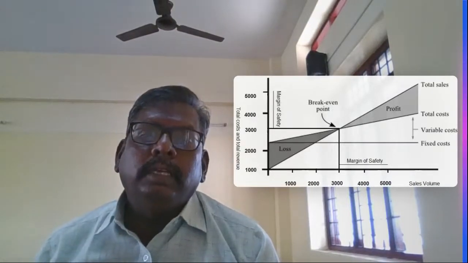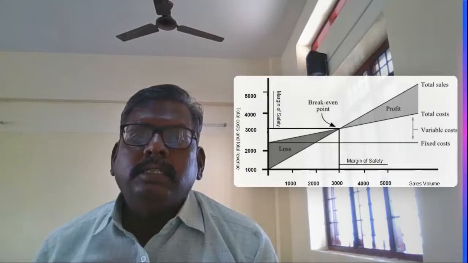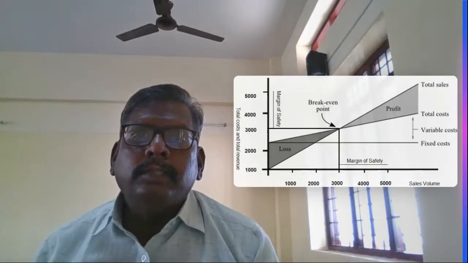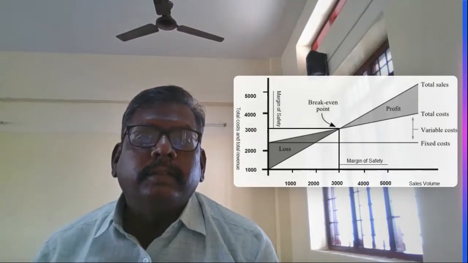Next, let me explain about the variable cost. What is the variable cost here? Based on the number of units produced, the cost is changing. For example, if they produce 1000 units, the variable cost comes somewhere here.